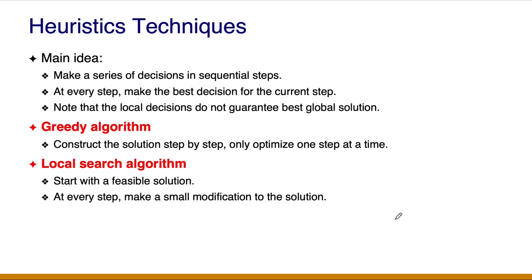The second type of algorithm, which we are going to cover next week, is called local search. This is not constructive, right? Instead, this is for improvement. You have to start with some reasonable solution that is feasible, and starting from that, the local search algorithm will gradually, step by step, improve the quality of that particular solution until you cannot improve it any further. The reason why you have local over here is because if you want to find the best possible modification to the current solution, this is combinatorial.